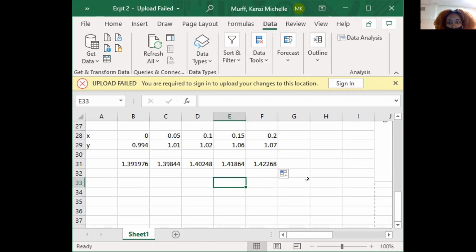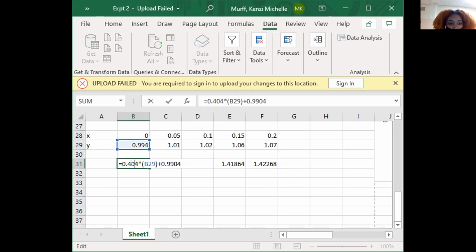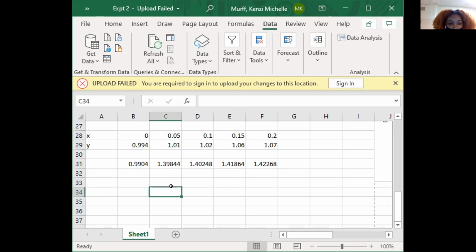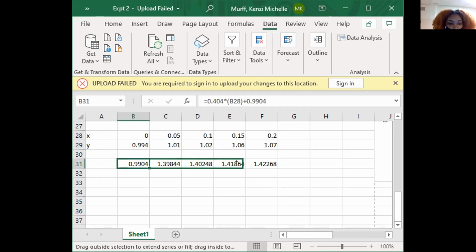So go back into B31. Change B29 to B28. And then drag it out. Okay. That's pretty similar, I think.